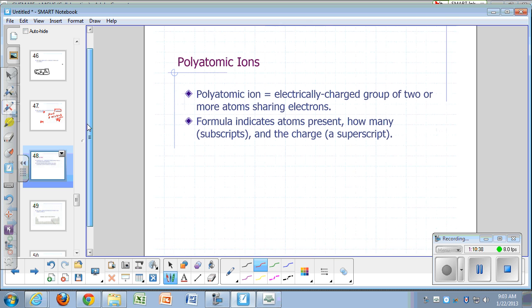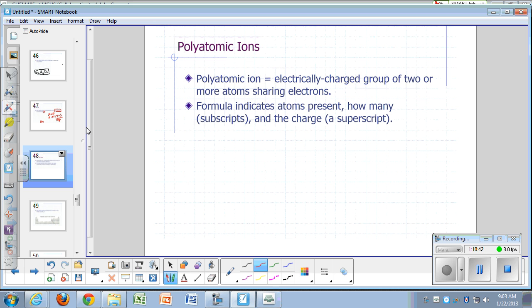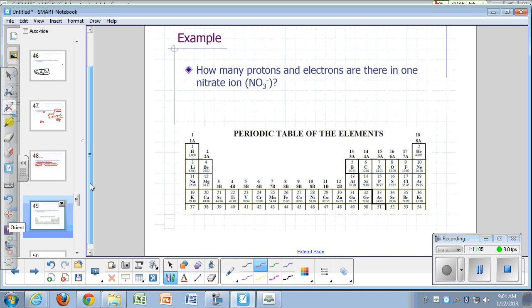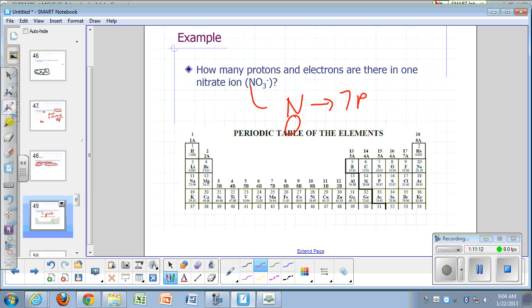Now, a polyatomic ion is an electrically charged group of 2 or more atoms sharing electrons. So you can think of it as a charged molecule. And just like a molecule, your formula has subscripts next to symbols for atoms, telling you what atoms are there and how many. And just like a monatomic ion, it should have a superscript to indicate what the charge is. So for example, how many protons and electrons are in one nitrate ion? Well, there's one nitrogen atom that has 7 protons, and 3 oxygen atoms.